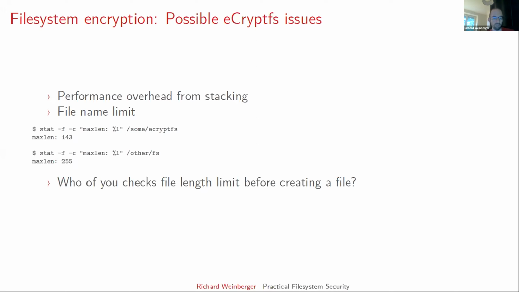So when you create a very long file name on Ecryptfs, there's a good chance that the file create system call will just fail. So on Ecryptfs, the maximum file length is about 150 characters, whereas on a typical Linux file system, the length is 255.